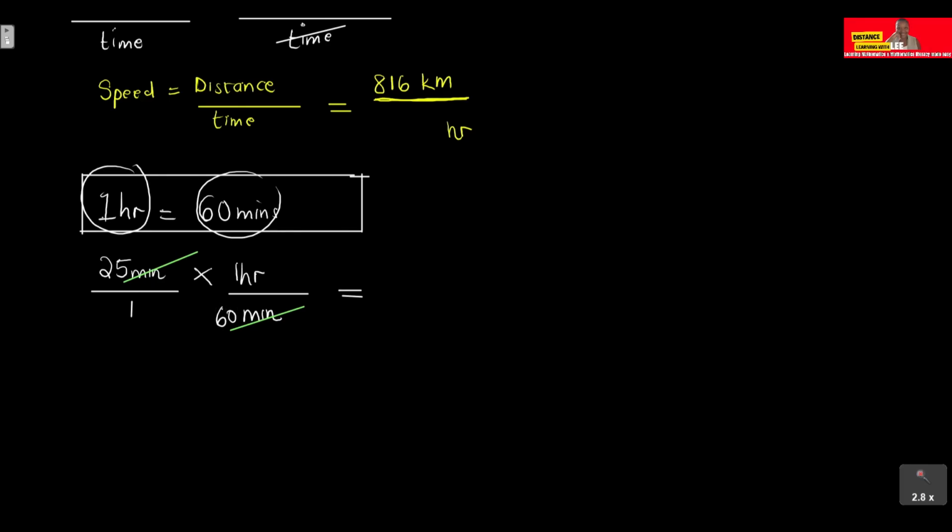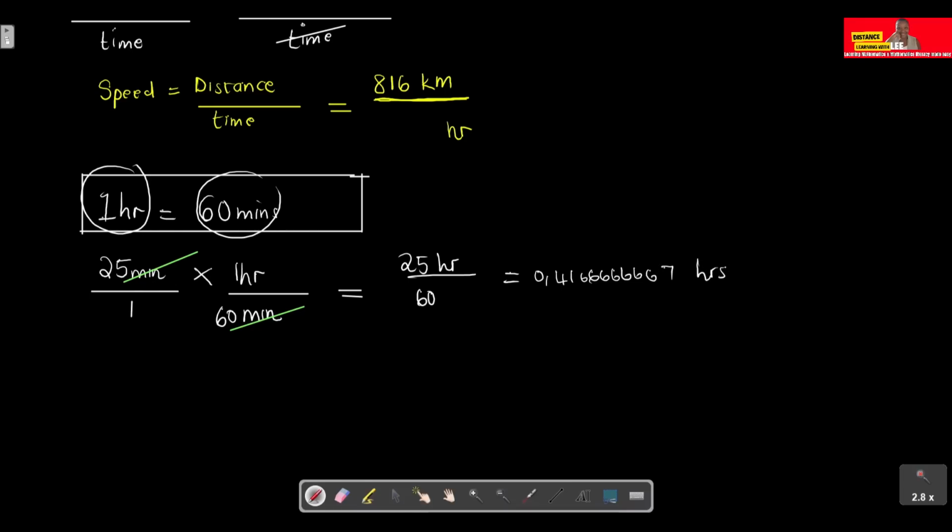Okay, so if you punch it into your calculator, this is the same as just saying 25 divided by 60. That is going to give you 0.4166667 hours. Okay, so now we've converted the 25 minutes into hours.